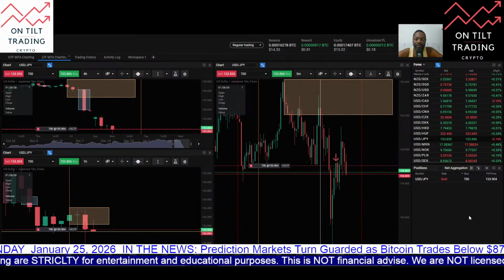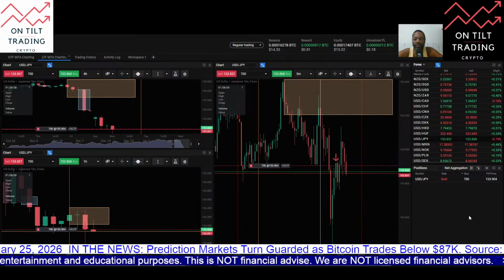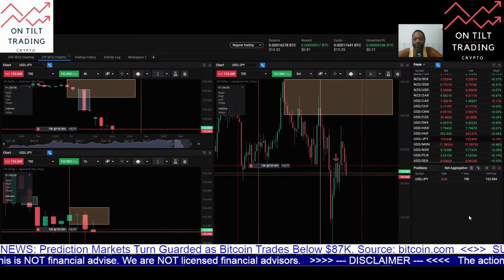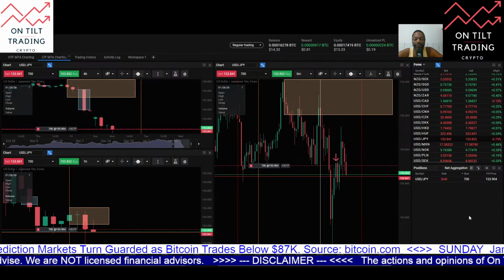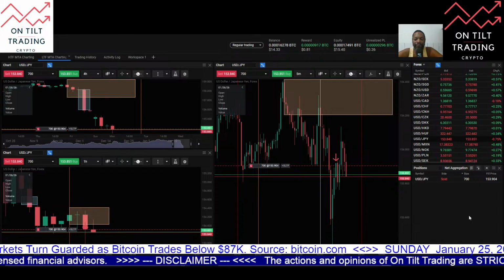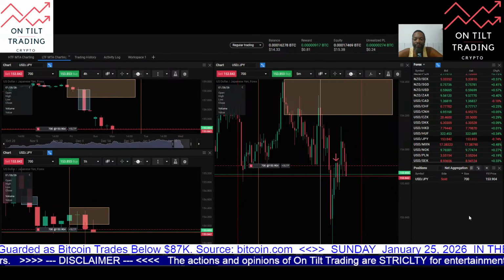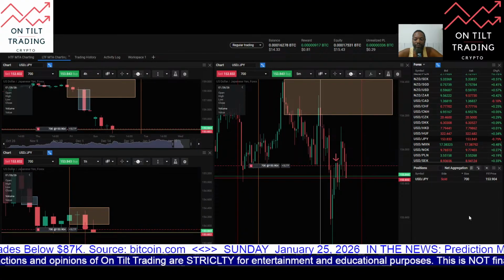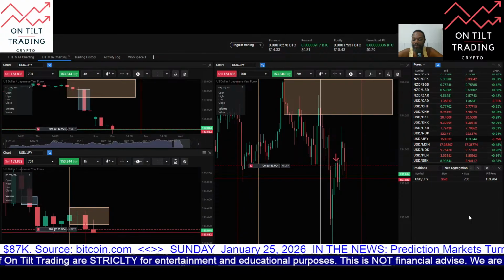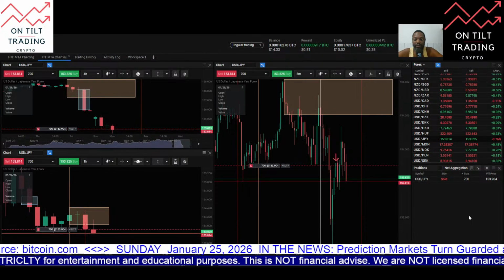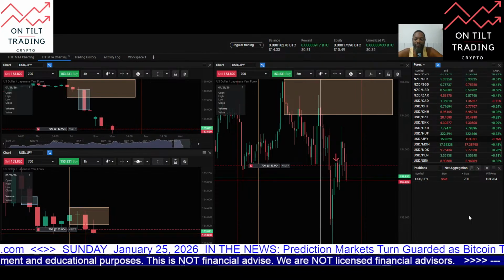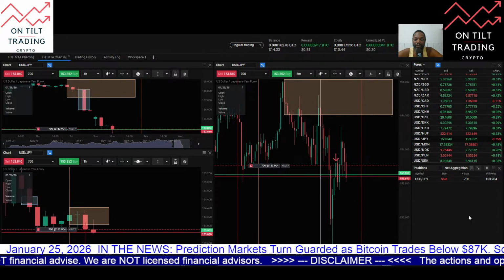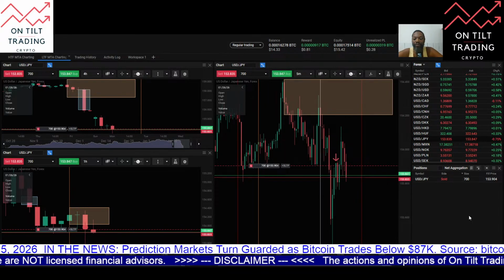So we'll see if price action will continue delivery here to the sell side. And new low, new 5-minute low. And price trading below the previous 15-minute candle low.